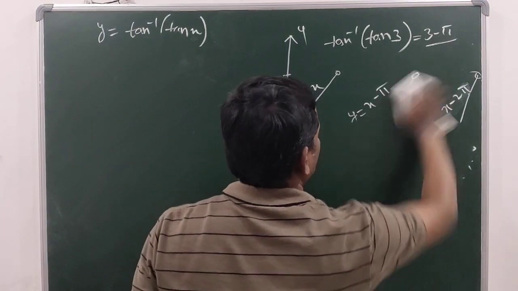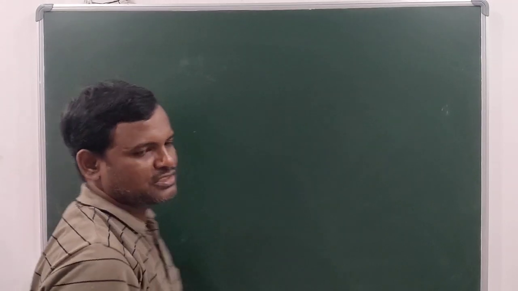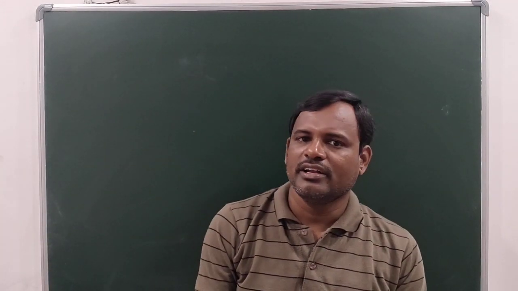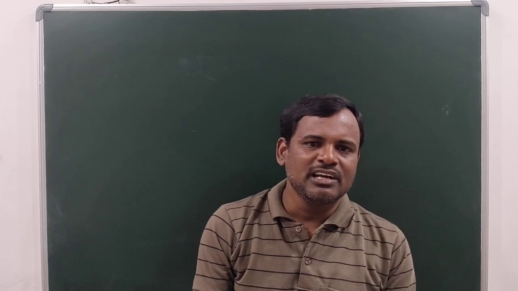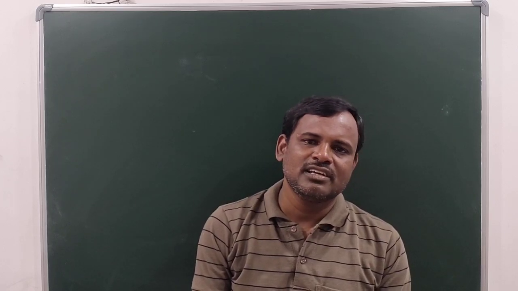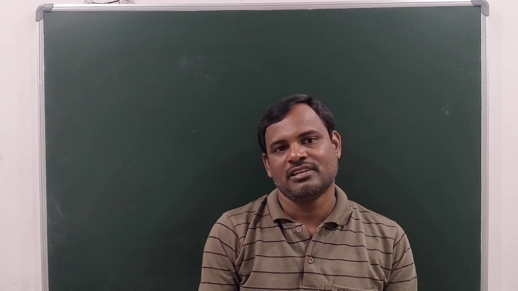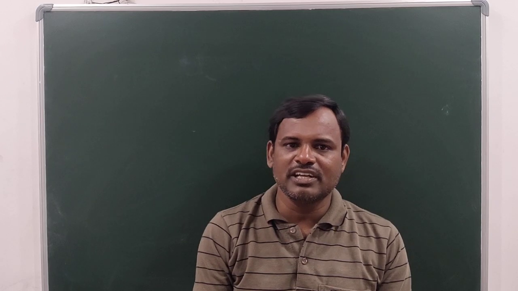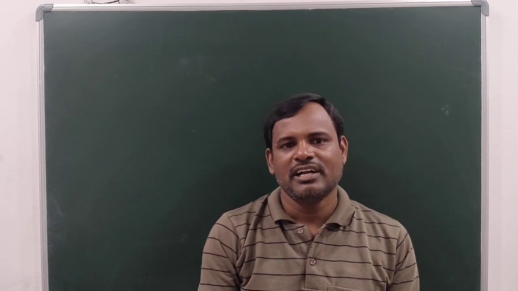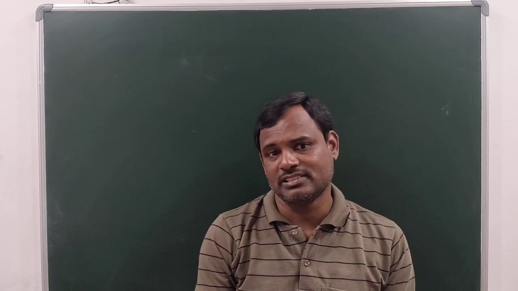Similarly, let us go to the reciprocal functions. Till now what have we done? We have learned the graphs of sin x, sin inverse of x, and sin inverse of sin x, and cos x, cos inverse of x, and cos inverse of cos x, tan x, tan inverse of x, and tan inverse of tan x.